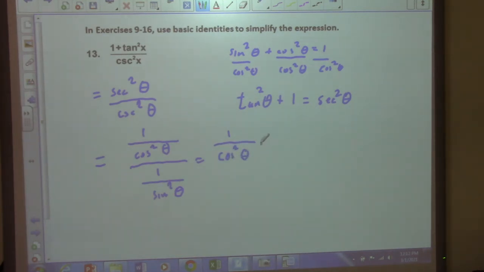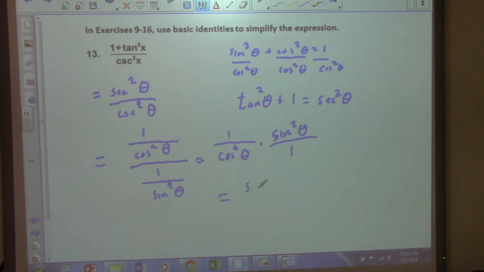Yeah, what you do is you're dividing by a fraction so you can multiply by its reciprocal, right? So what do you have left here? Oops, well, it's over 1. It should be over 1. Excuse me. So what do you have left here?